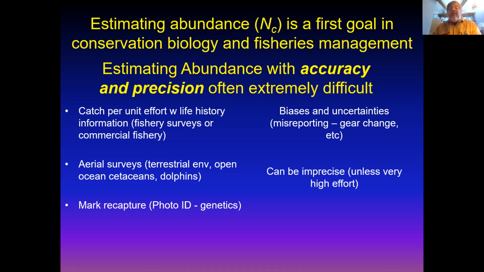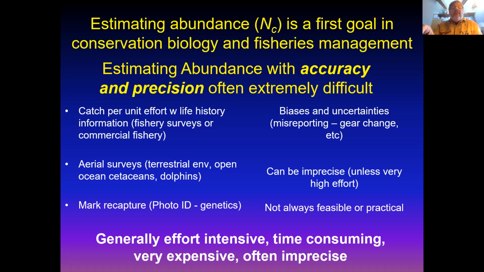Air surveys can be imprecise unless the effort is very high. Mark recapture is not always feasible, certainly with marine fish. So all of these methods are generally effort intensive, time consuming, and actually quite expensive and often imprecise.